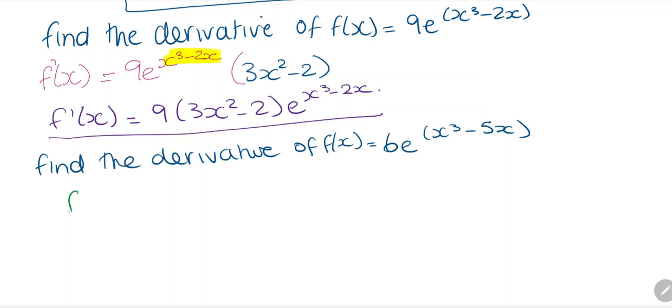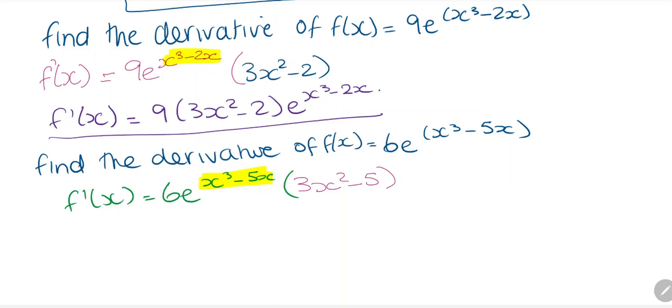So we want to find the derivative. We're going to write the term exactly the same as it is, e to the x cubed minus 5x. And then we need to multiply by the derivative of our exponent, which is going to be 3x squared minus 5. So we could rewrite this.